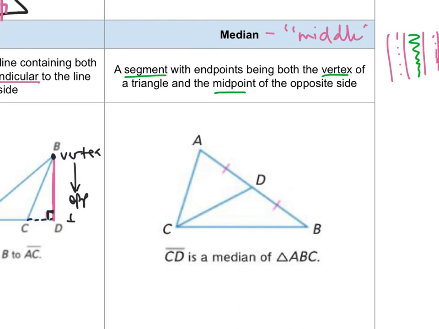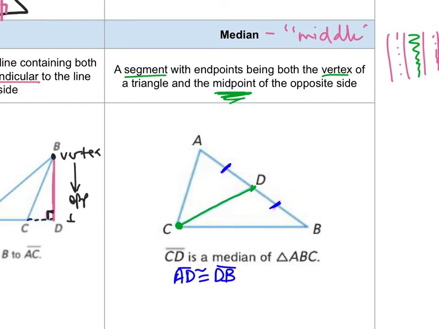It sounds very familiar to an altitude, but CD is our median. Again, we start at a vertex and go to the opposite side, but the key thing with the median is that it's going to the midpoint, very important. Remember, a midpoint creates two congruent parts. So we could say AD is congruent to DB.